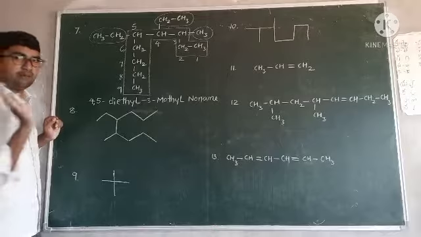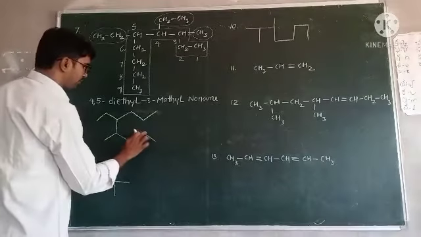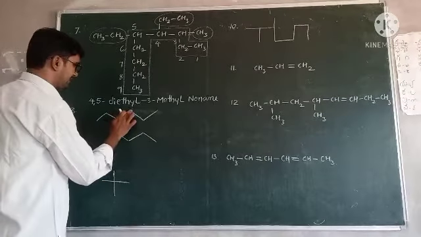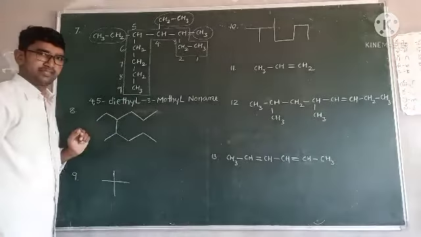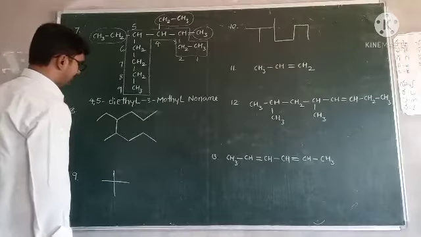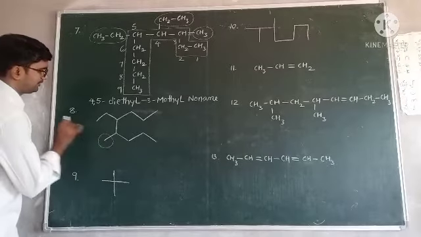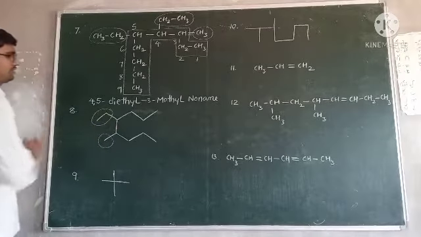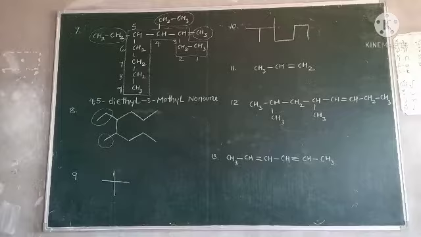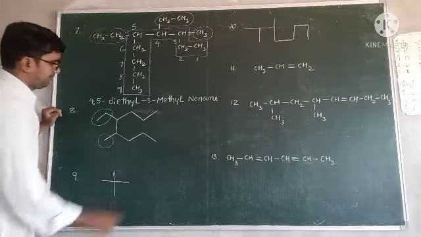So many chains are there, but you can easily identify 1, 2, 3, 4, 5, 6, 7, 8. This is the long chain. Now which are the substitutions? This is one substitution, this is another substitution. Do you understand? Now give the numbering.